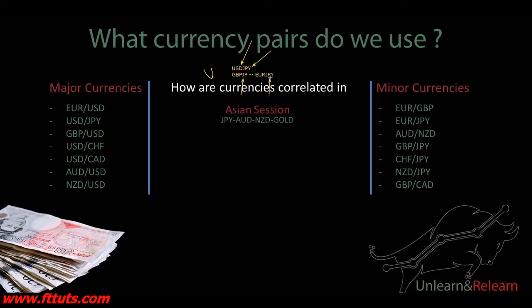So in the Asian session, you might find that all the JPY pairs tend to move the same way. If the JPY is going to move bullish, then if you backtest and look at the charts, you're going to notice that GBP JPY also moved up, USD JPY also moved up, CHF JPY also moved up, because only one currency is open in the Asian session.